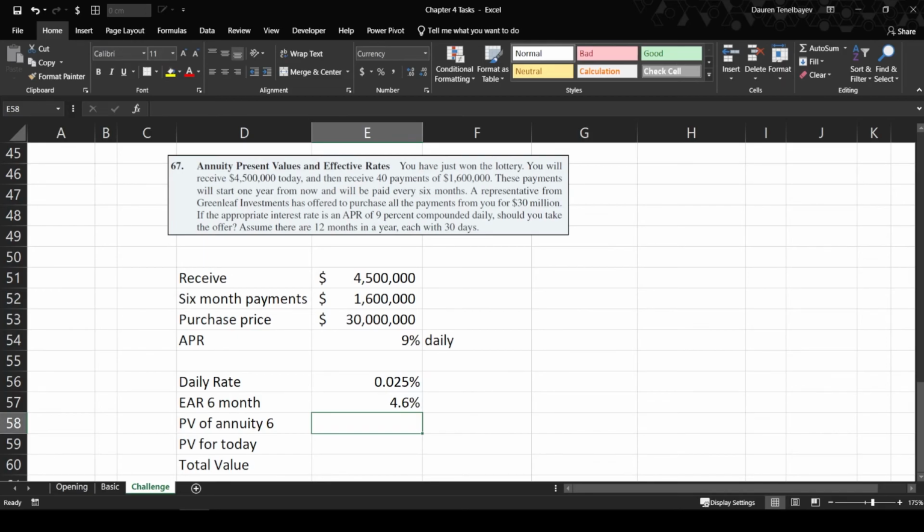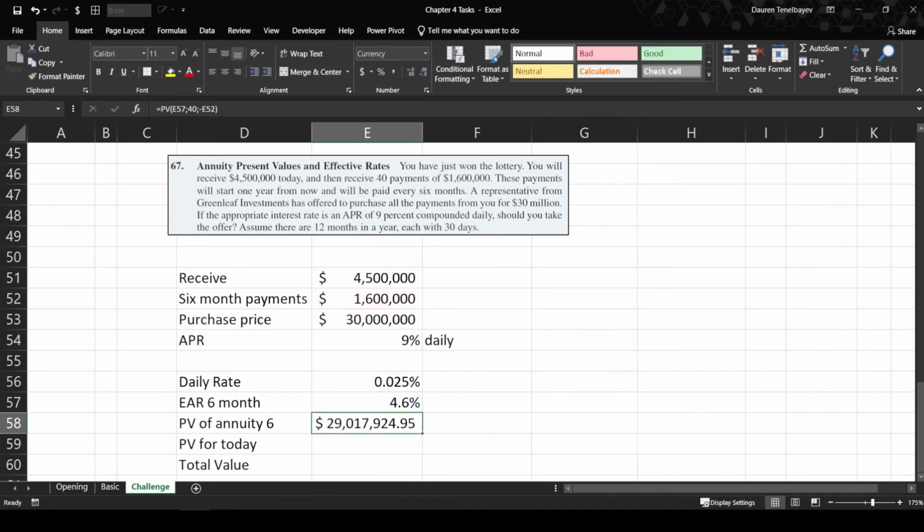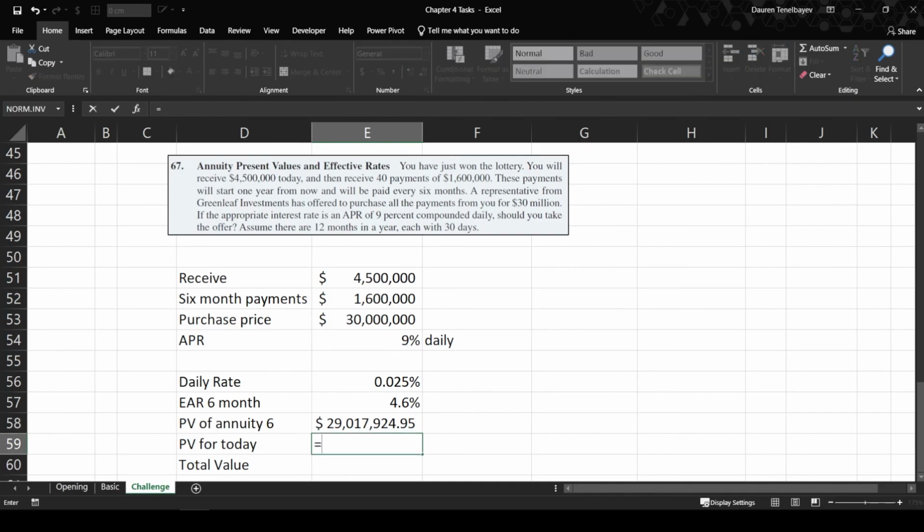Then we can use the present value of annuity equation to find the present value of the semi-annual payments. So we will use the formula for present value, and rate is 4.6. NPER is 40 as it is given in the text, and our PMT is 1,600,000. This is the value 6 months from today, which is one period, 6 months prior to the first payment. So the value today is present value.